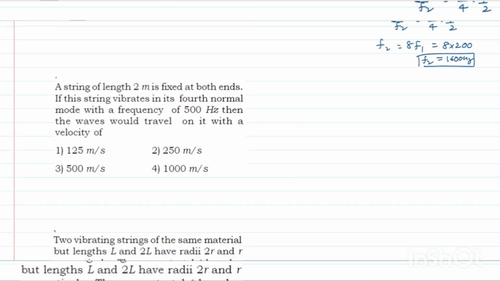If the string vibrates in its fourth normal mode with a frequency of 500 Hz, then the velocity of the waves travelling on it is asked. The fourth normal mode means the number of loops is 4. So f equals 4v by 2l, and the frequency is given as 500, which equals 4 into v by 2 into the length of 2 meters. 2 2s are 4, 4 gets cancelled.